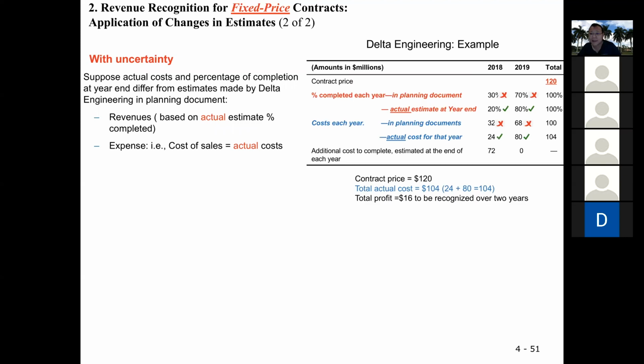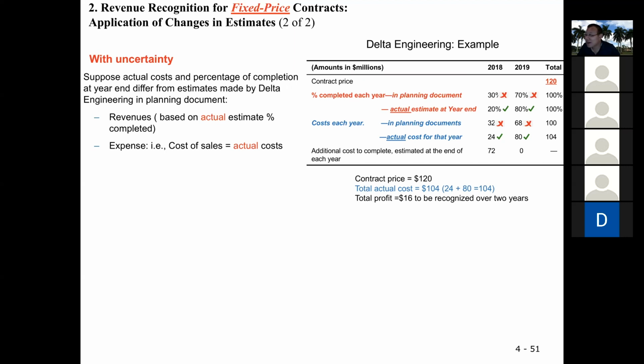So here's what happened. This engineer, in the beginning, thinks it's a 30% and 70% split, but there is uncertainty. In most realistic situations, there is uncertainty in the progress towards completion.